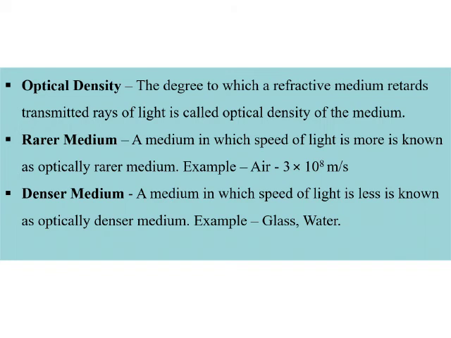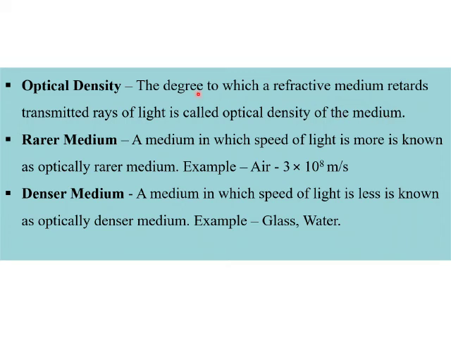Let us try to understand a few more terms. Optical density: the degree to which a refractive medium retards transmitted rays of light is called optical density of the medium.